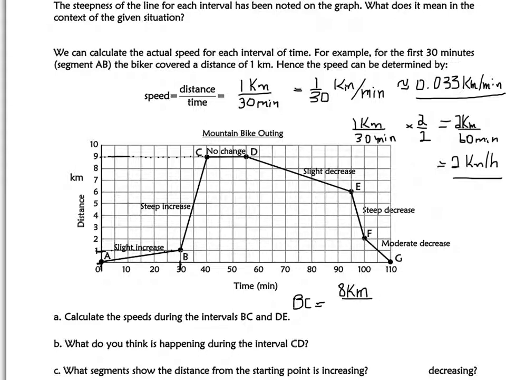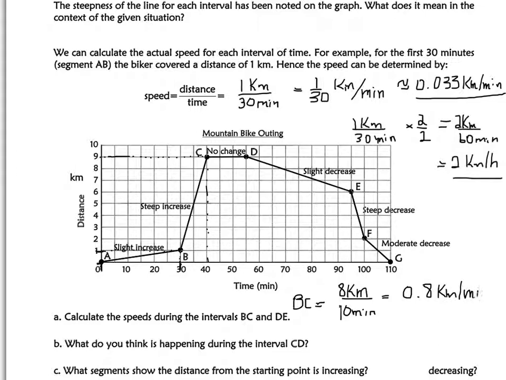The time from B to C would be from 30 minutes up to 40 minutes, so that would be 10 minutes. 8 over 10 is 0.8 kilometers per minute.